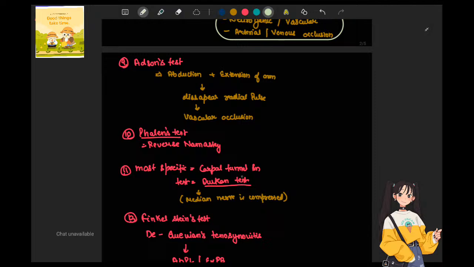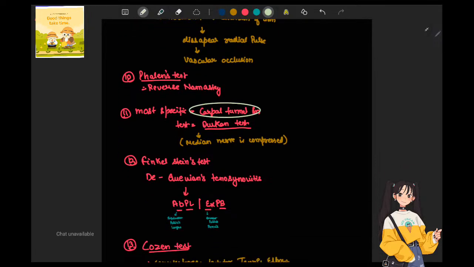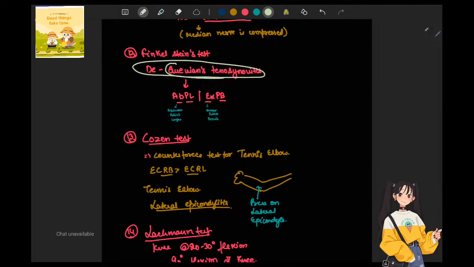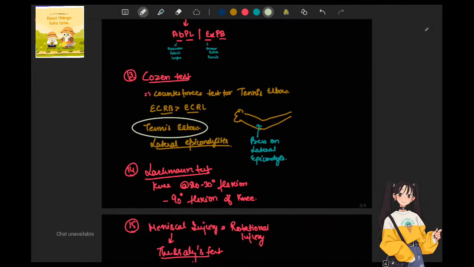Then we have carpal tunnel syndrome test, that is Phalen test. Median nerve is compressed, more specifically. This is for carpal tunnel syndrome. Then we have the Finkelstein test. This is for De Quervain tenosynovitis, right? Then we have the Cozen test, that is basically for tennis elbow or lateral epicondylitis.